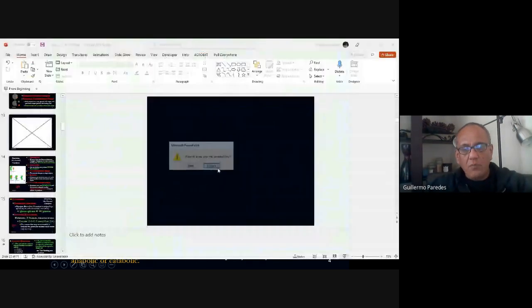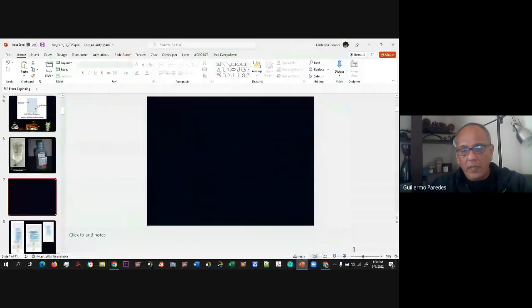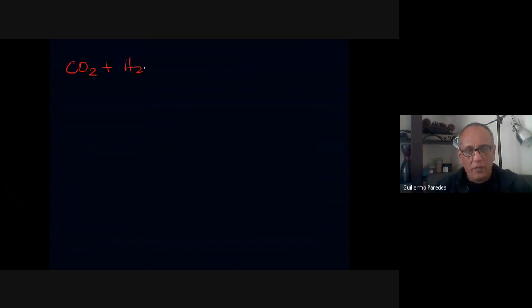The enzyme is there to accelerate chemical reactions. So you have here carbon dioxide plus water is going to give you carbonic acid, and that is going to be reversible with the hydrogen plus bicarbonate.